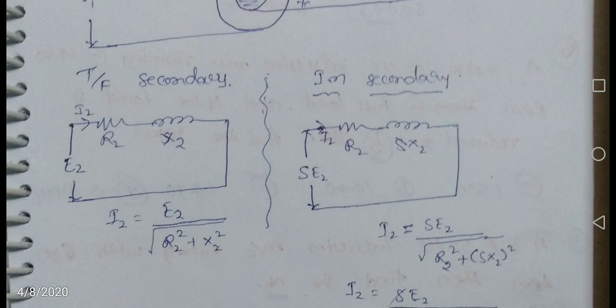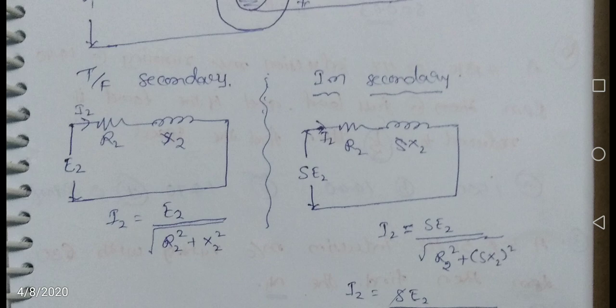See the transformer secondary I2 current equation. I2 is equal to E2 by under root R2 square plus X2 square. For the induction machine secondary, I2 is equal to SE2 by under root R2 square plus SX2 square.